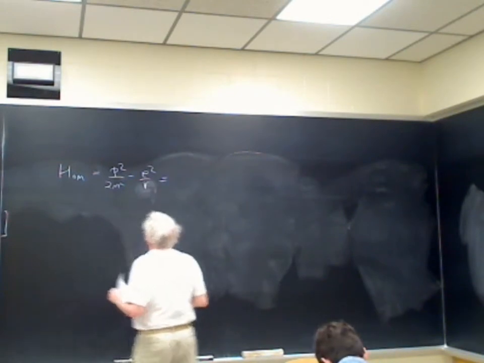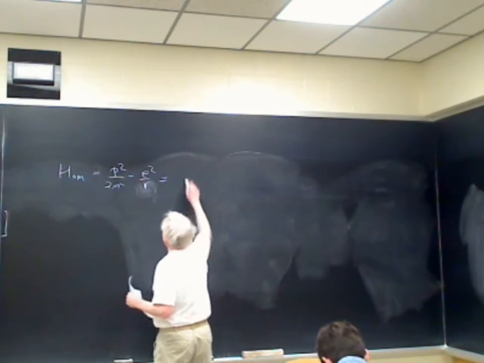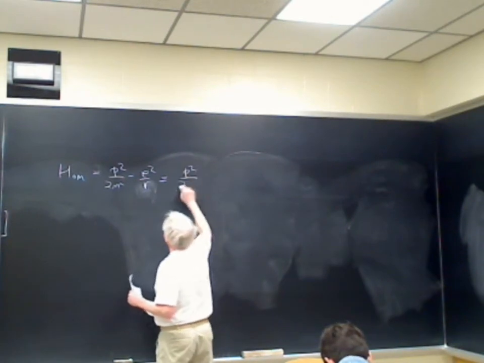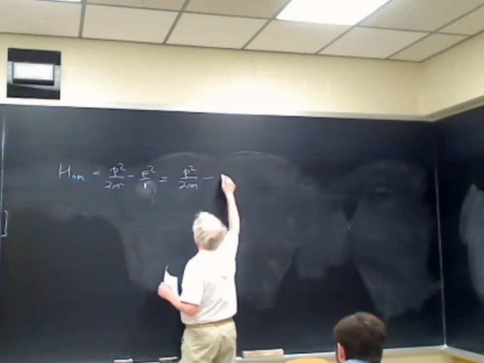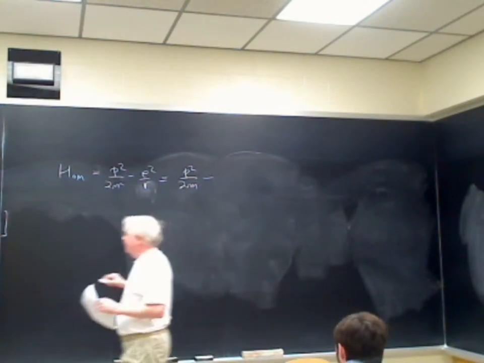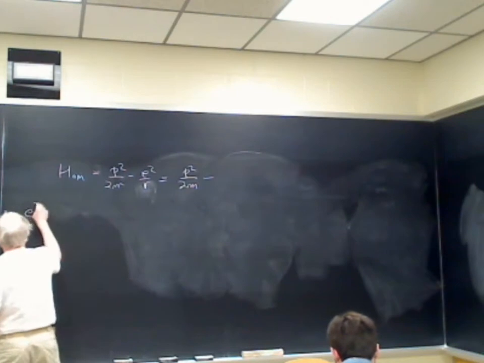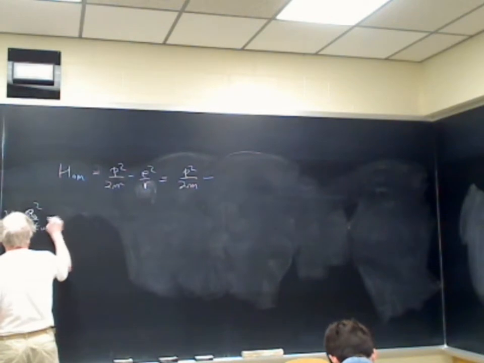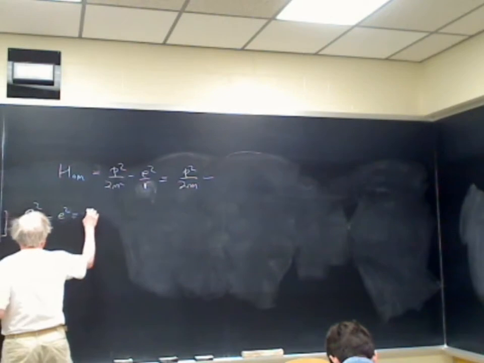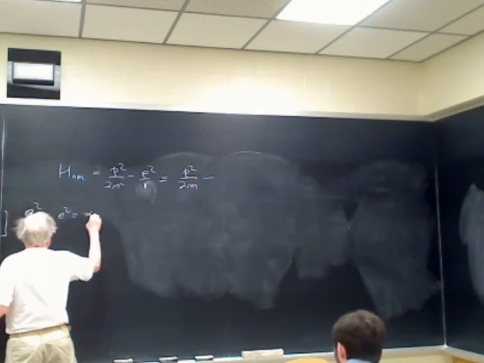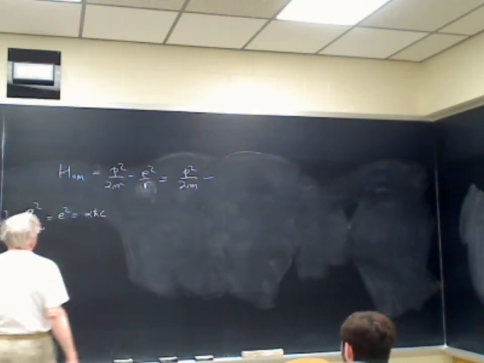And if we put this in SI units, it is P squared over the reduced mass m minus, let's see, Q squared over 4 pi epsilon 0, which is e squared, and e squared is alpha h bar c.